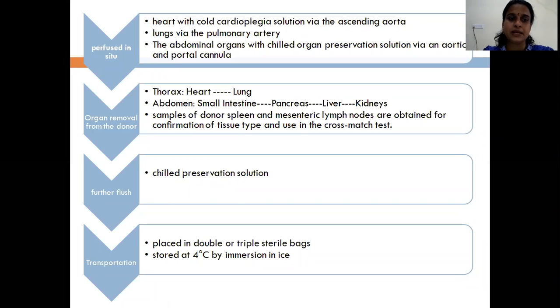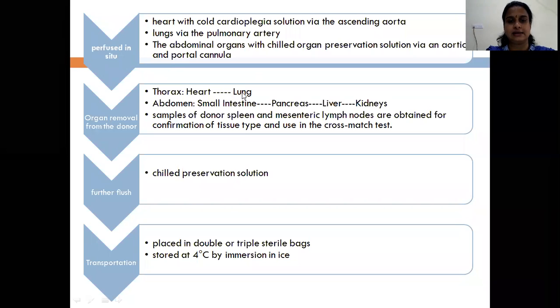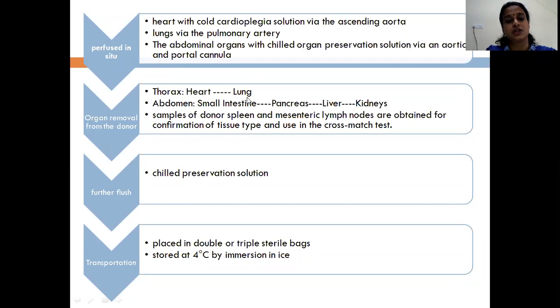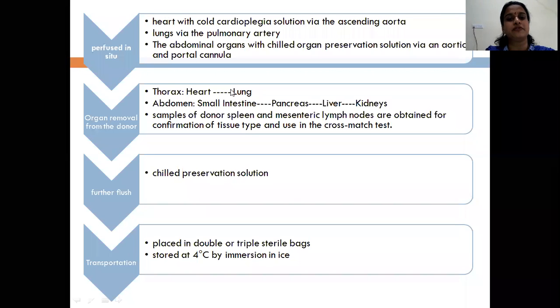The next step is to remove the organ from the donor body. If it is in the thorax, the order of removal is first the heart and then the lungs, and you have to ensure the lungs are maintained perfused when the heart is removed.